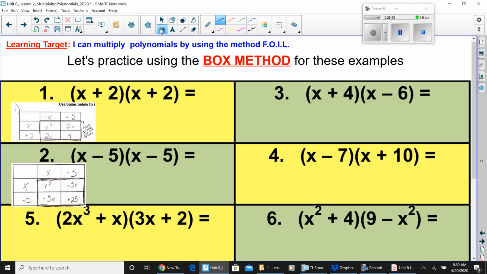Okay, so number 1, if you're practicing using the box method, x plus 2 goes on the top, and then x plus 2 goes on the left side as well. X times x would be x squared, x times 2 would be 2x, 2 times x is 2x, and then 2 times 2 is 4. So then you would write that down like this.